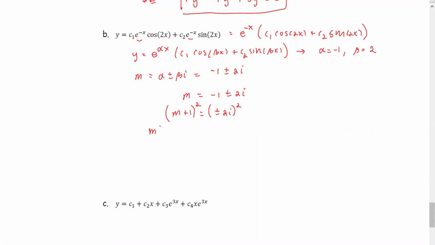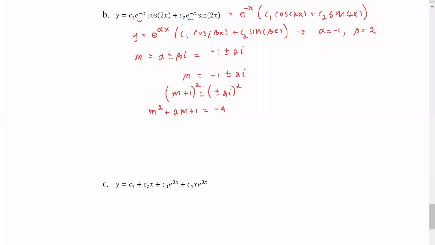So we have m squared plus 2m plus 1 equals 4 times -1, which is i squared. And then rearrange the terms to get m squared plus 2m plus 5 equals 0, which is the auxiliary equation.